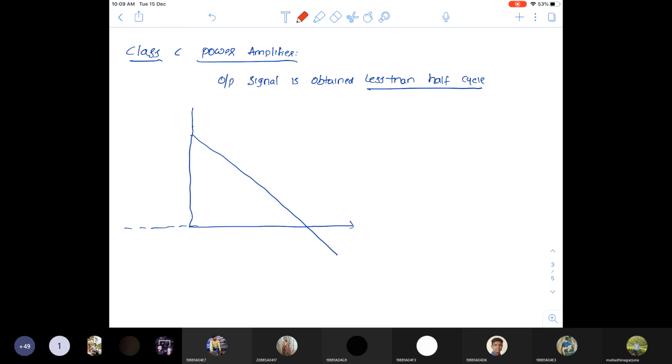The operating point is this. This is the Q point below the x-axis. Here I'm applying the signal like this.